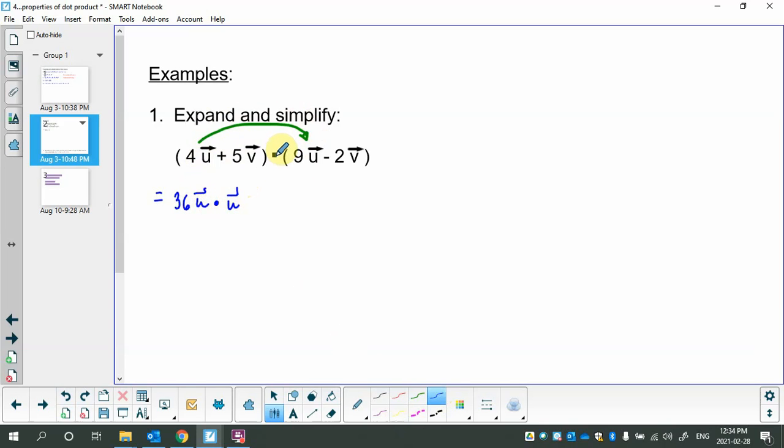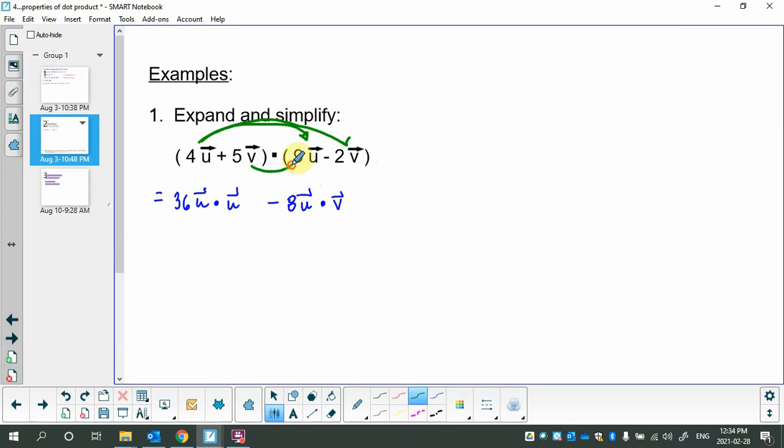And that's because this is dot. Now, the next one is this. And this one will be -8. And u, from here, dotted with vector v from the second bracket.